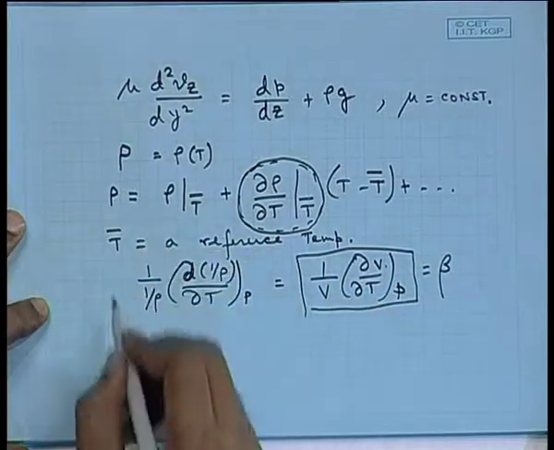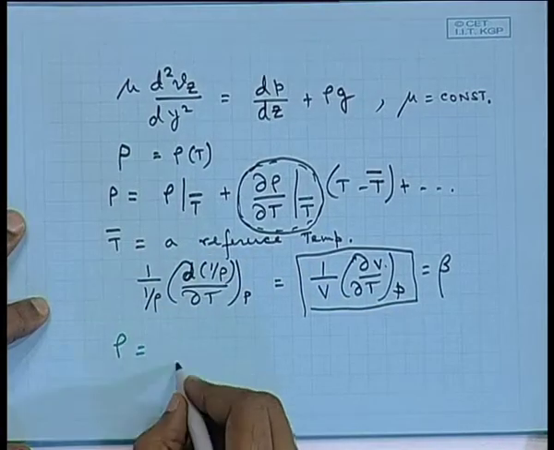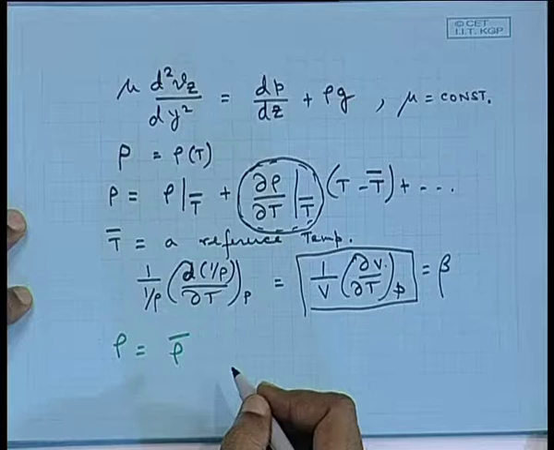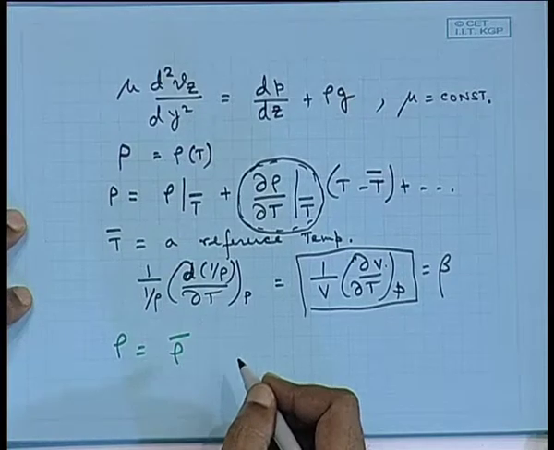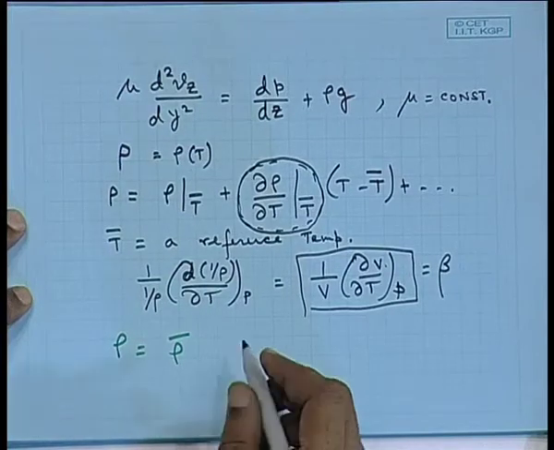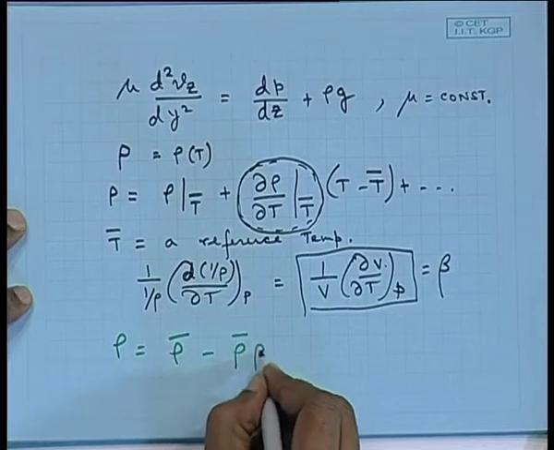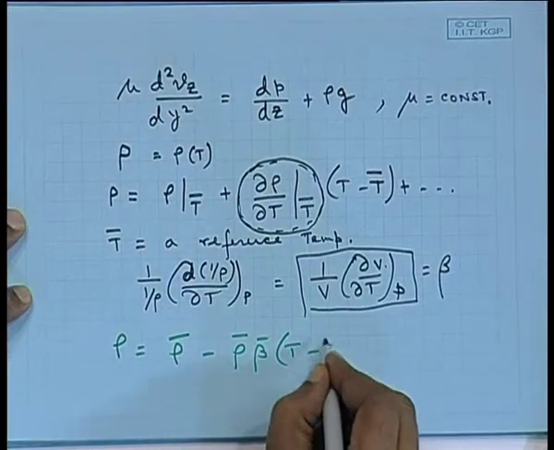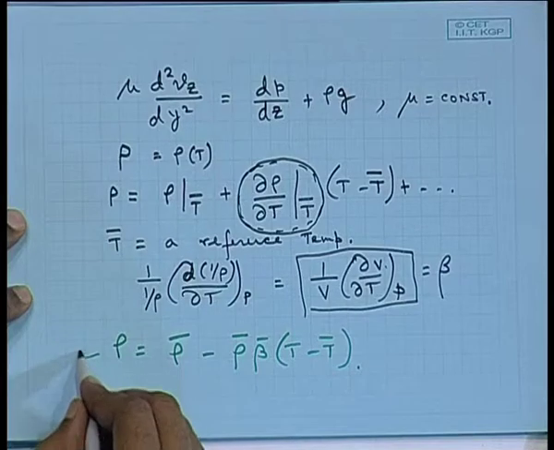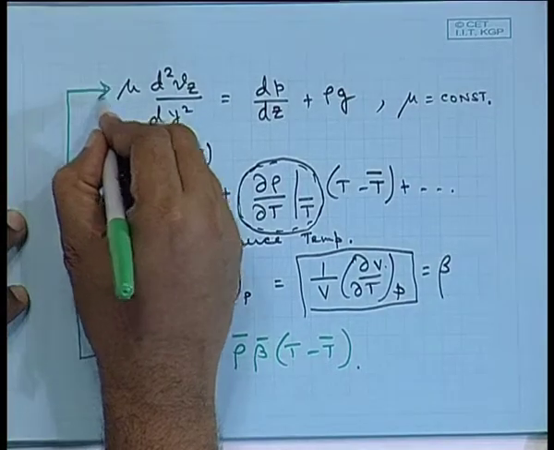So my rho would then be written as rho bar, this is the density at a yet unspecified temperature T bar, minus rho bar beta (T minus T bar). My aim is to solve this equation.